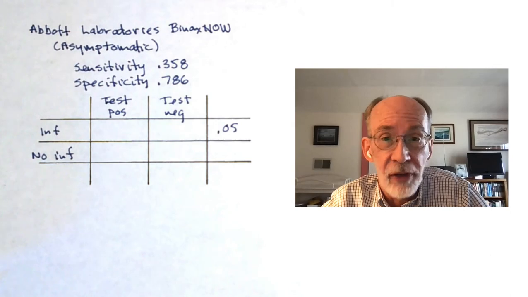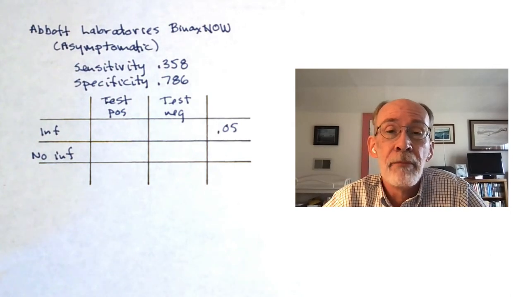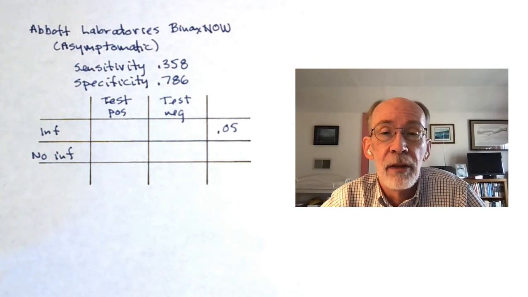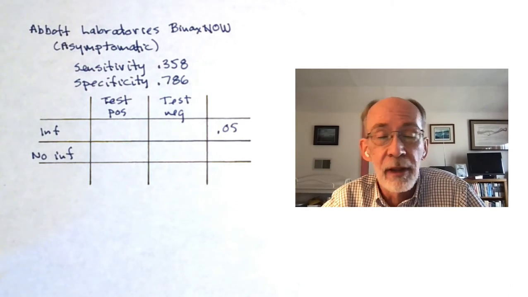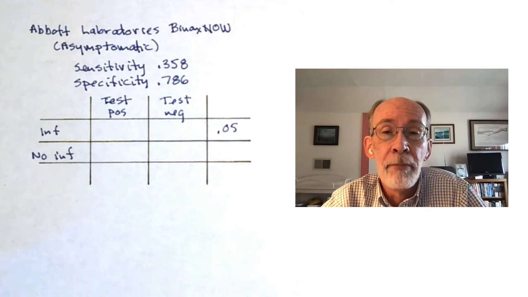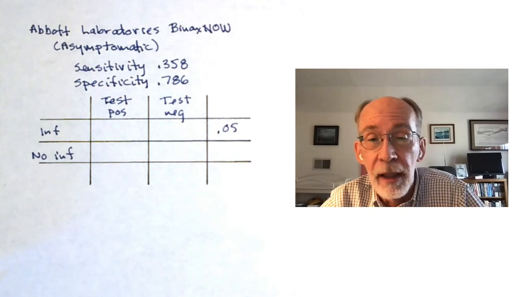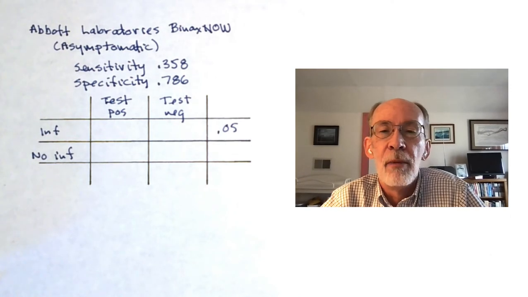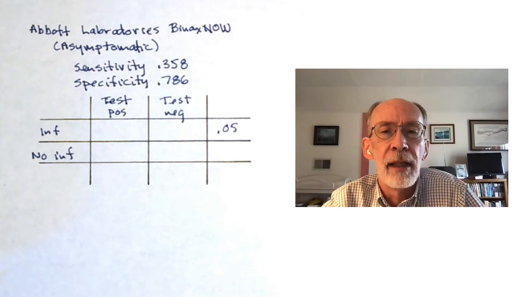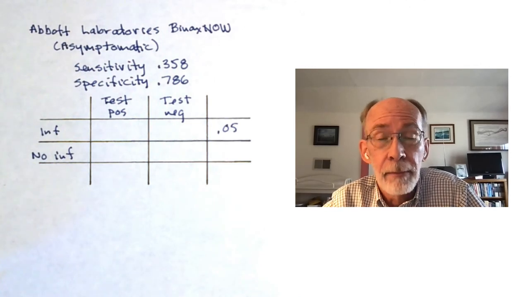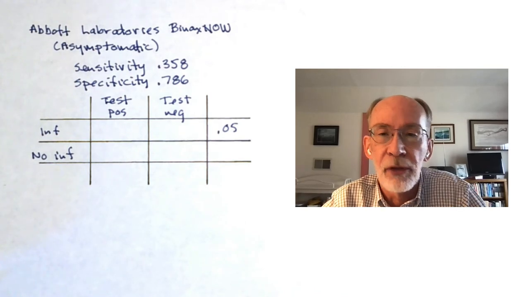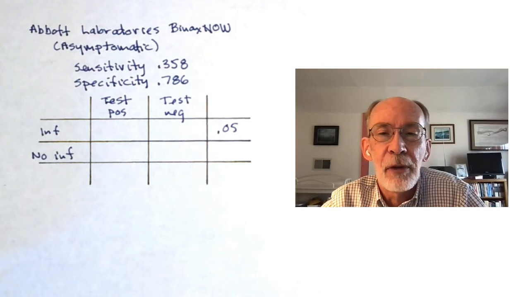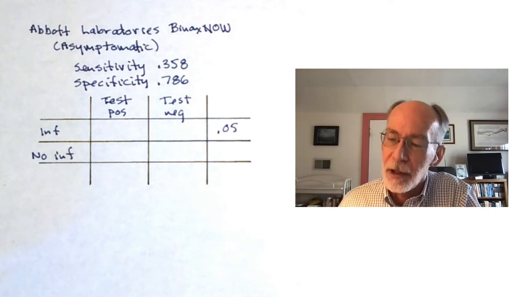I suspect this is high for most places most of the time, but as I record this in early April of 2022, there was a recent article, and I'll post a link in the description as well, suggesting that 1 in 13 people in the UK at the moment is infected with COVID, which would be 7 and a fraction percent. So in a surge, perhaps the 5% number is reasonable. It's certainly speculative, but it gives us a basis for beginning our discussion.